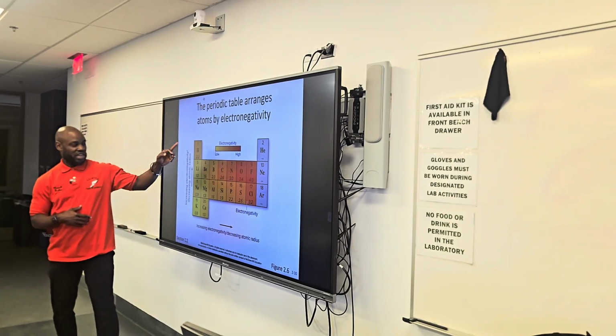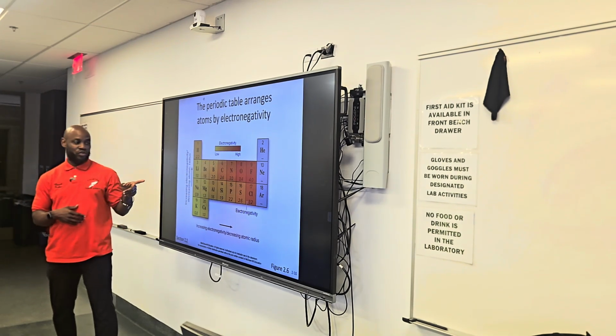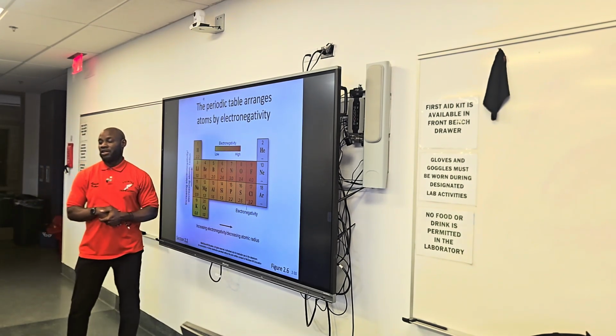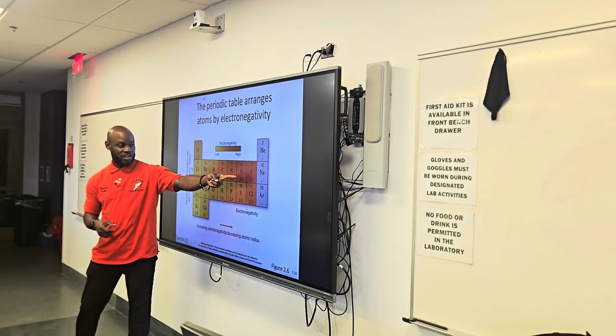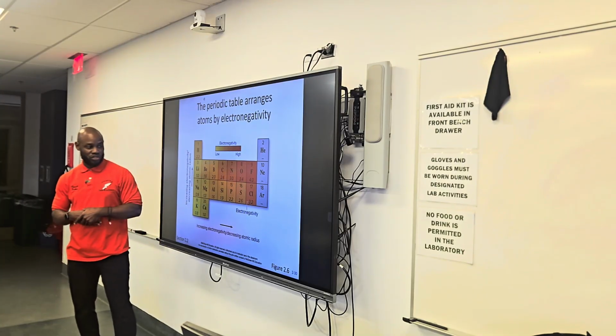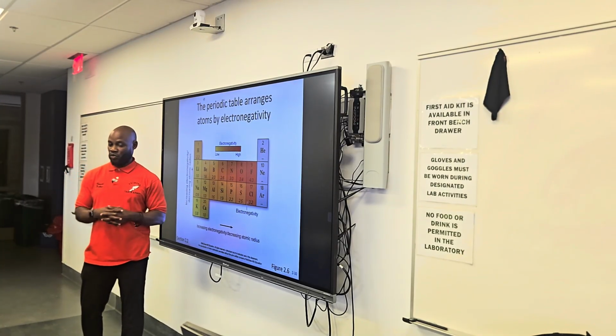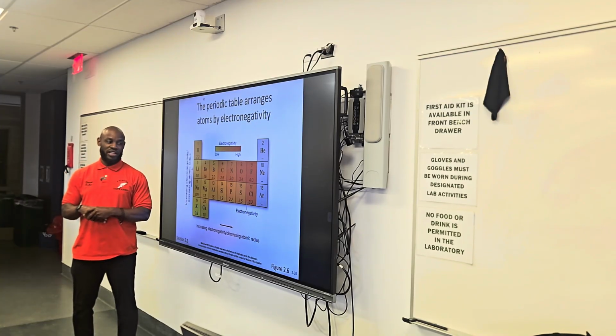So NaCl, when they combine, leads to an ionic bond, okay? Versus carbon here and hydrogen here, not as big of a difference, 2.6, 2.2, so more of a non-polar covalent bond.